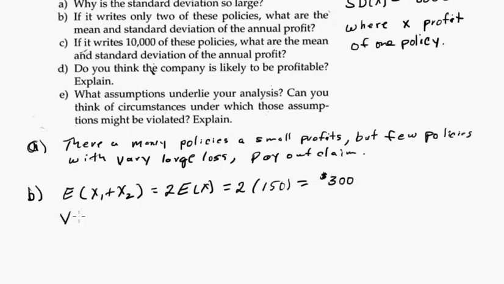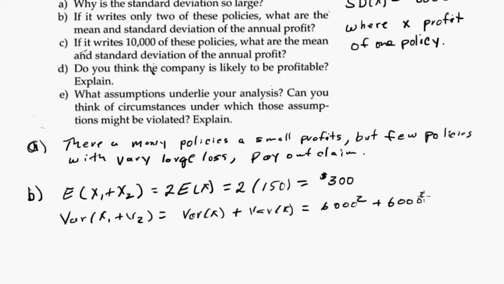Then the variance of X1 plus X2 is just the variance of X plus the variance of X. So that's going to be 6,000 squared plus 6,000 squared.